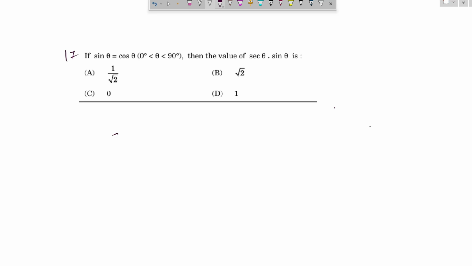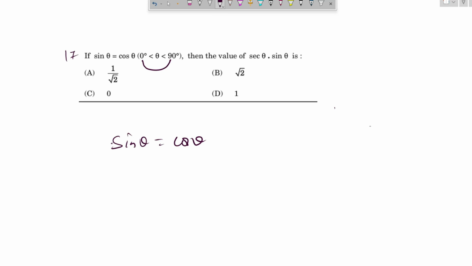For question 17, they are saying sin theta is equal to cos theta is given for some theta which is lying between 0 and 90.